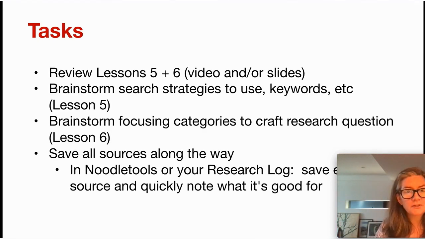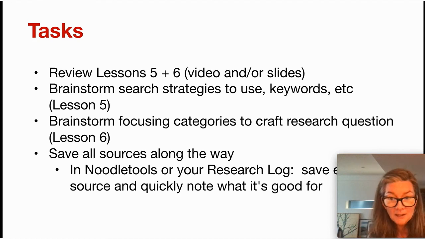Okay, this is just what we're on to next. After we finish here today in Gecko Core, the expectation is that you go back and review lessons 5 and 6 that we talked about, brainstorm your search strategies, brainstorm some keywords, and figure out some filters that you're going to use for your searching.